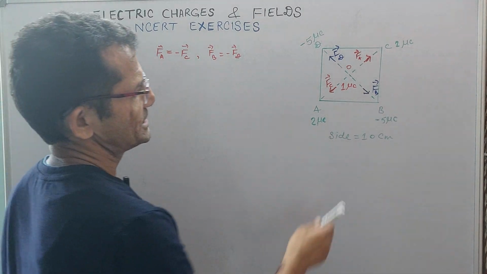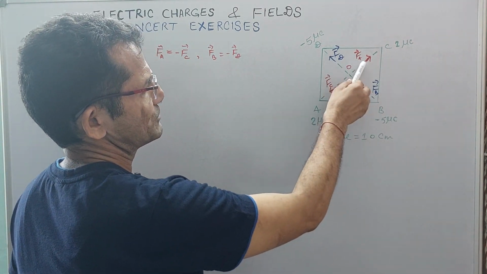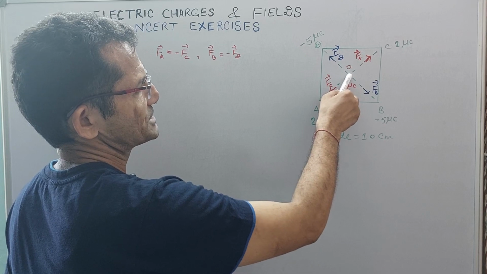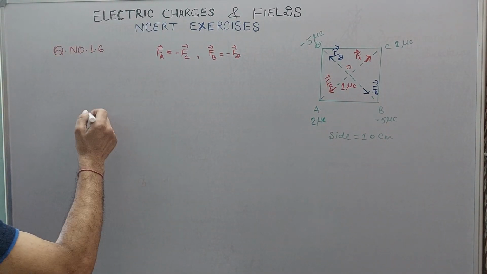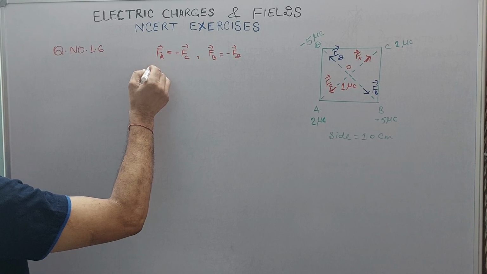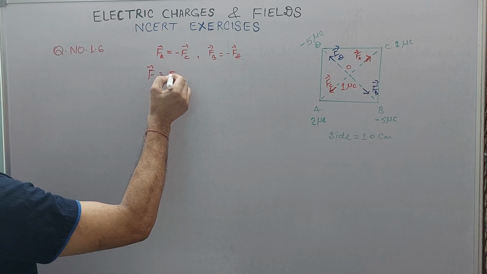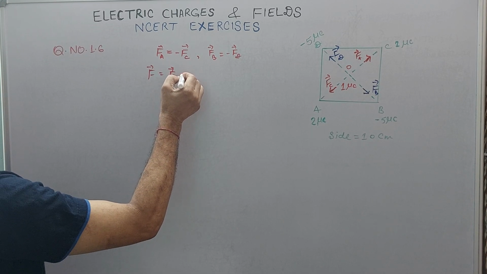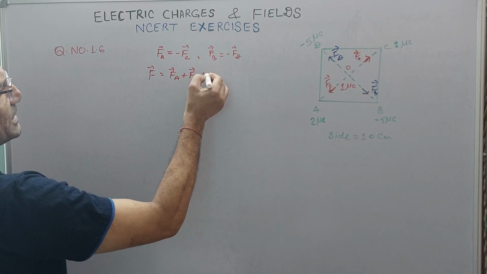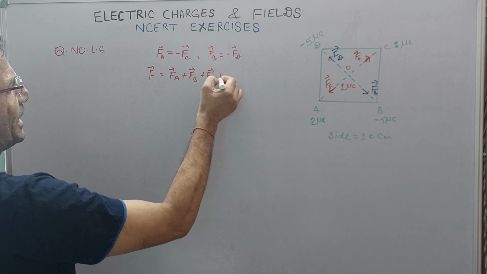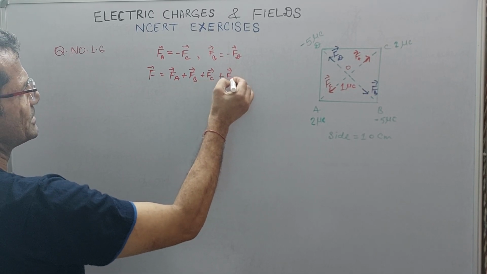So it means that this force will cancel this and this force will cancel this. So the force on the charge which is 1 microcoulomb will be 0. Now the total force will be in that case vector FA plus vector FB plus vector FC plus vector FD.